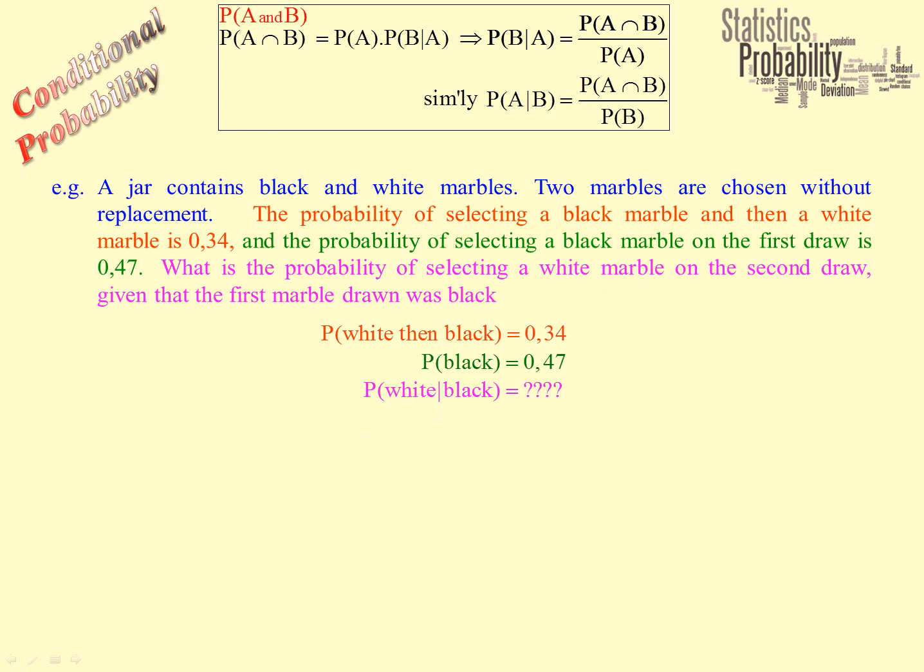So we can use one of these formulae here. We would say that equals probability of black then white over probability of black. So 0.34 over 0.47, and it's 72%.